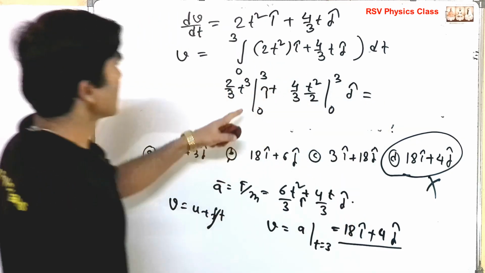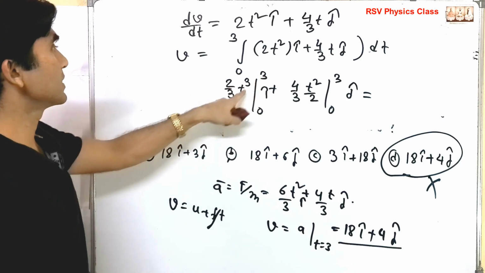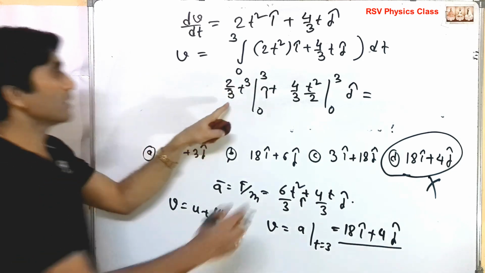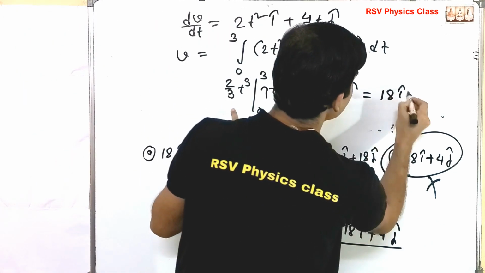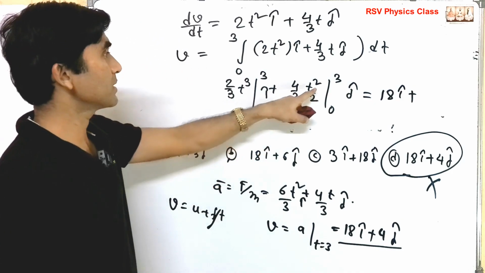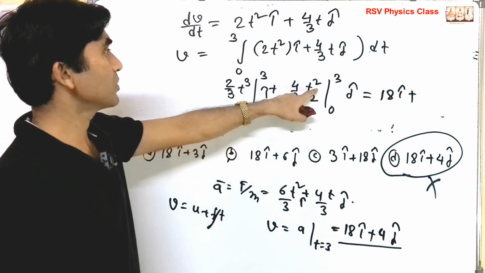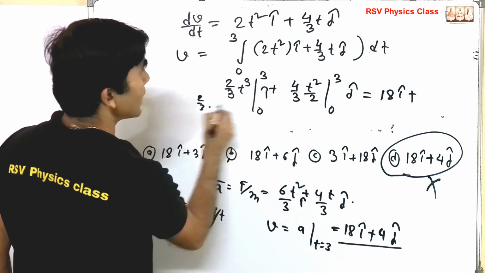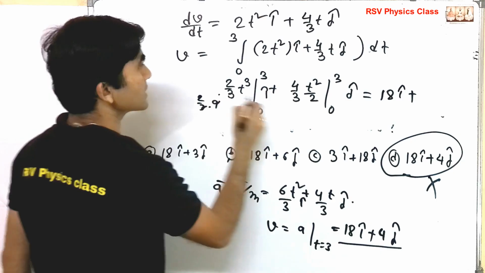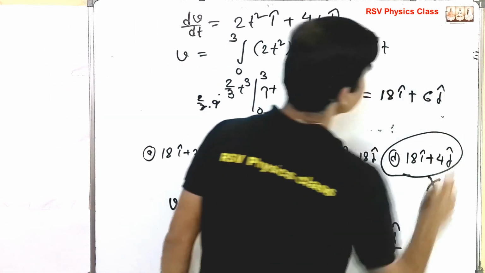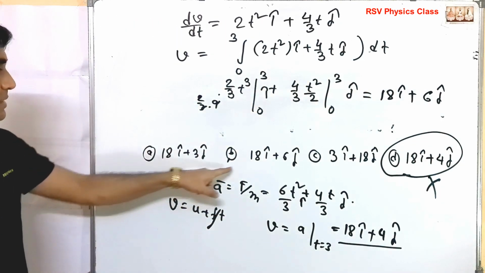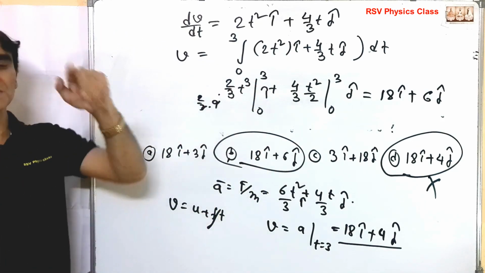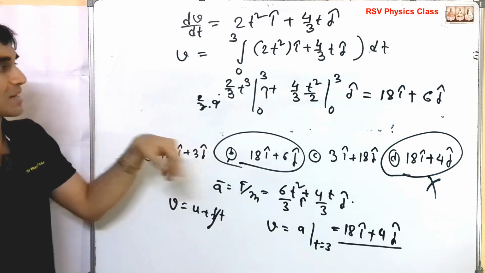This is how much? 3 threes are 9, 9 threes are 27, so 18 i cap. Plus here, 2/3 times 9 is 6 j cap. 18 i plus 6 j cap. So this will be the actual answer, because the velocity is time dependent and it is changing with time.